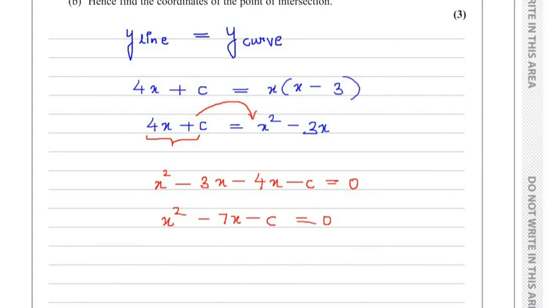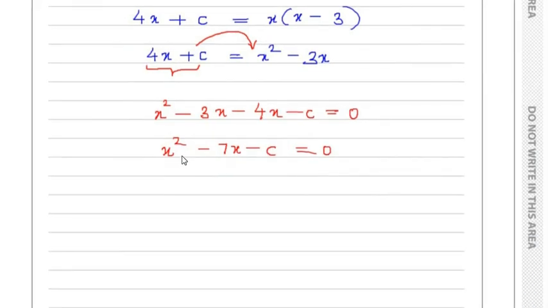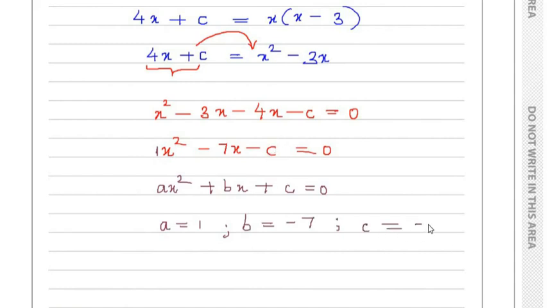Once we get this, we compare it to the quadratic format, ax square plus bx plus c is equal to 0. By comparison, a is equal to 1, because if there is no coefficient we take it as 1 by default, b is negative 7, and c is equal to negative c.